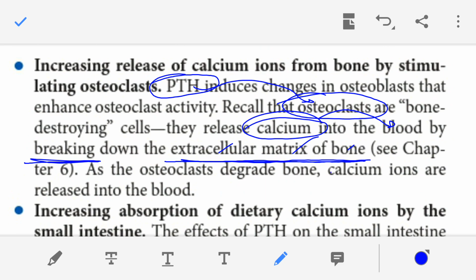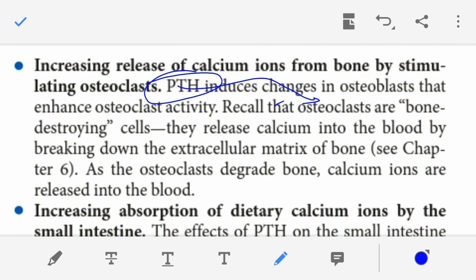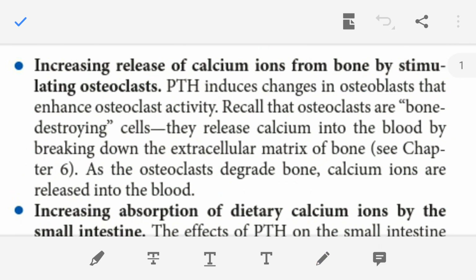So from the bone, these calcium ions are entering in the blood, and this is how the calcium ion concentration is elevated by PTH. Okay, so this is one way that PTH is acting on osteoclasts, and this is how the PTH is responsible for elevating the calcium ion level.